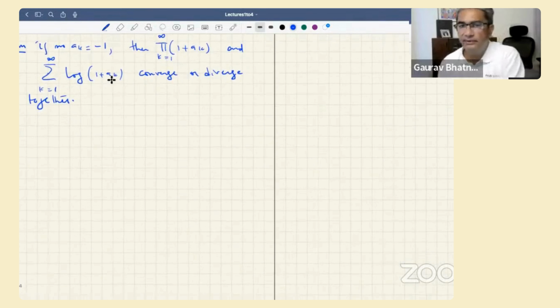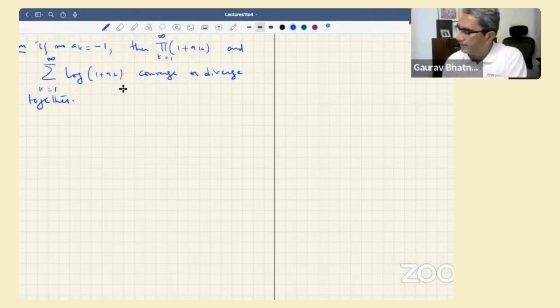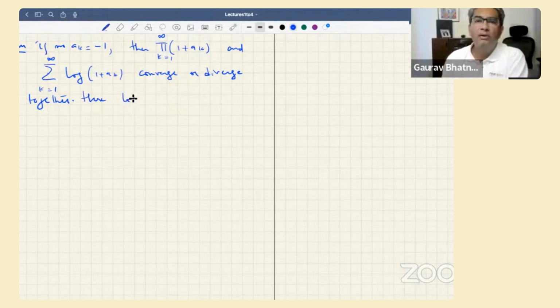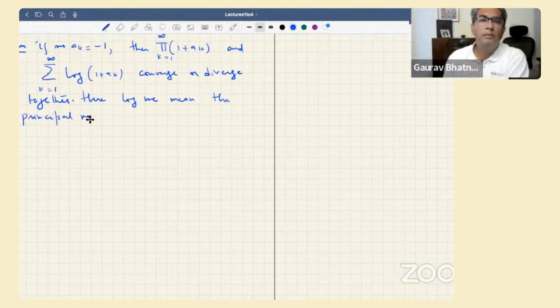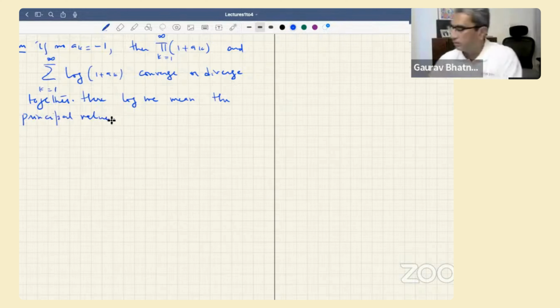This is the reason why we don't want a_k to be equal to minus 1. And here, by log, we mean the principal value, as a complex number, the complex logarithm.